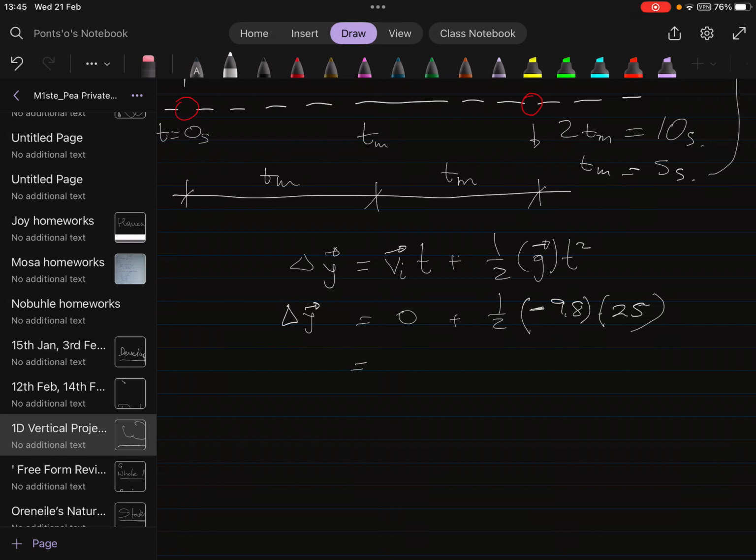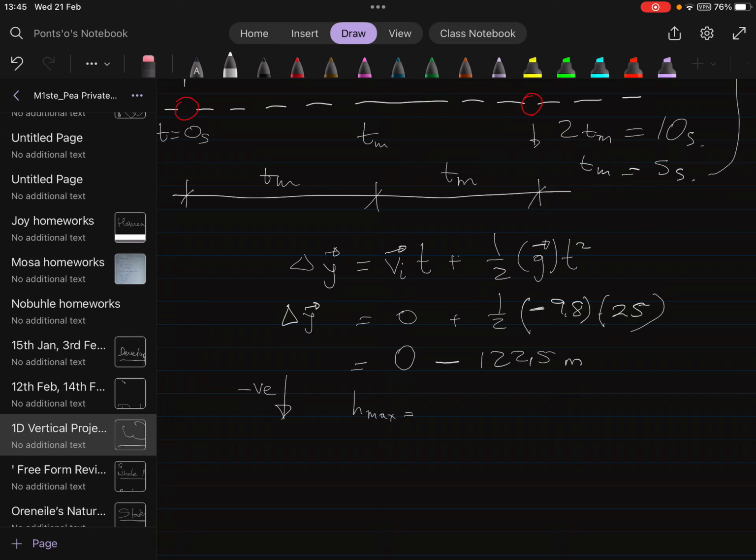Then the change in vertical displacement is 0 minus 122.5. 122.5 meters, but we chose downward as negative.